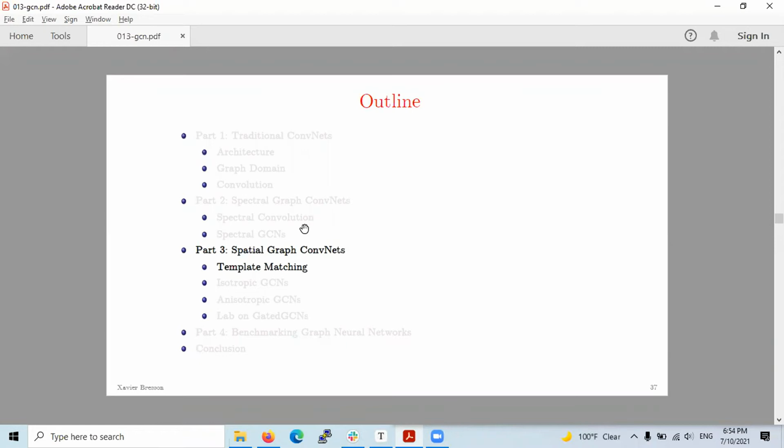They were all based on using the Fourier transform and doing a pointwise multiplication in the frequency domain. But now we are coming back to the spatial domain, as in traditional convolutional neural networks.